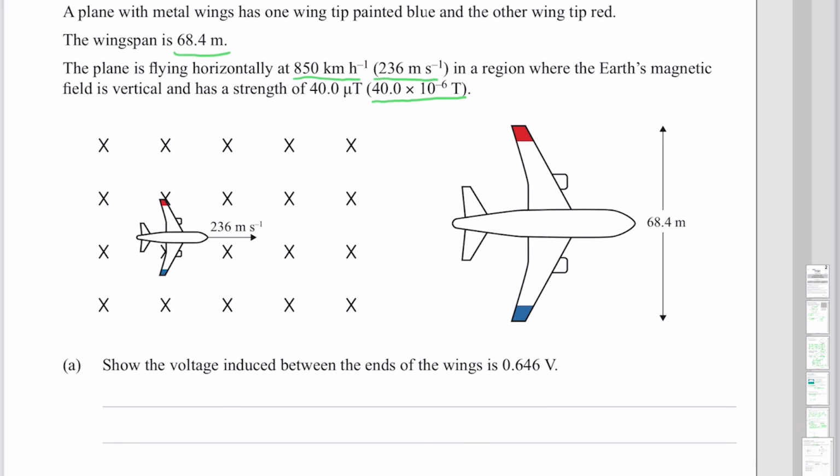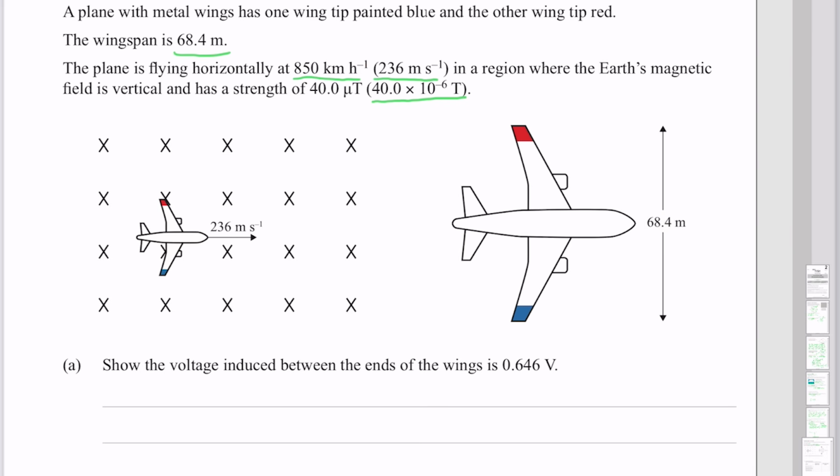Question A asks us to show the voltage induced between the ends of the wings is 0.646 volts. And so essentially what this question is doing is modeling the wingspan of the plane as a wire in a magnetic field.